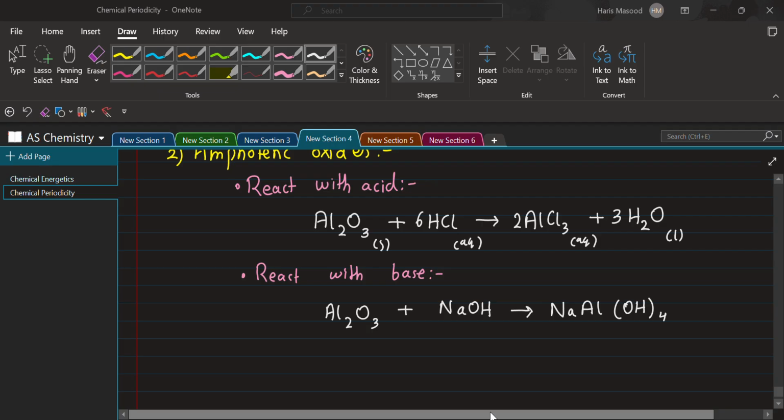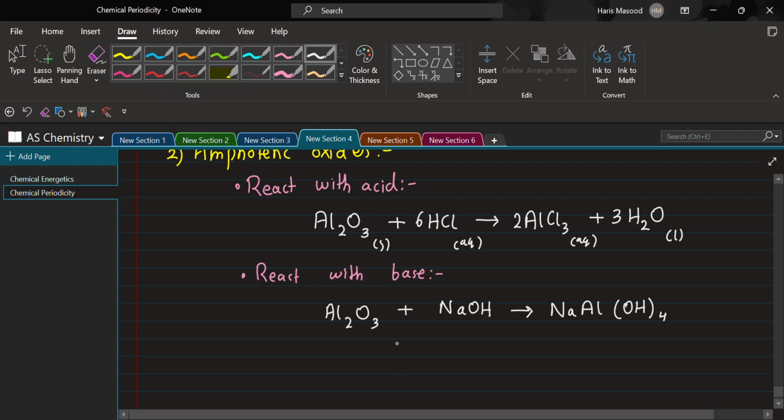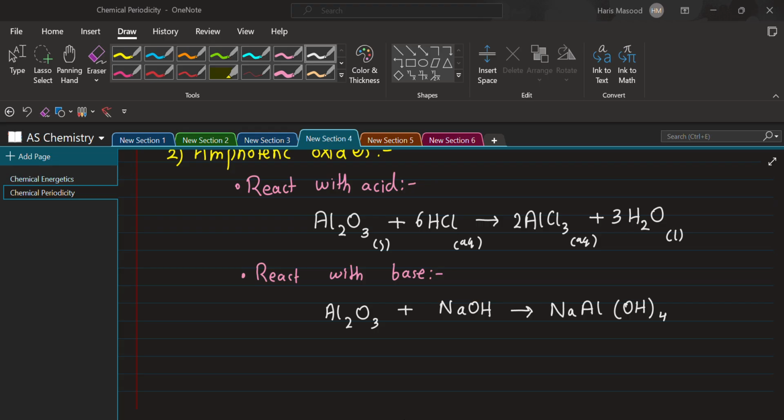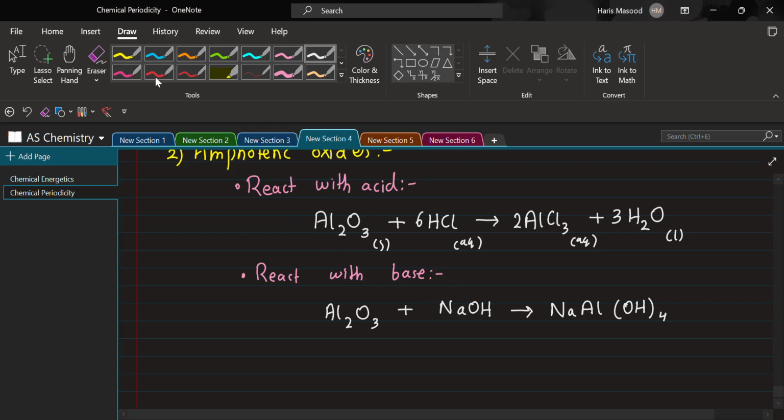This will be the compound that will be formed. And one more thing, we will be adding water here.